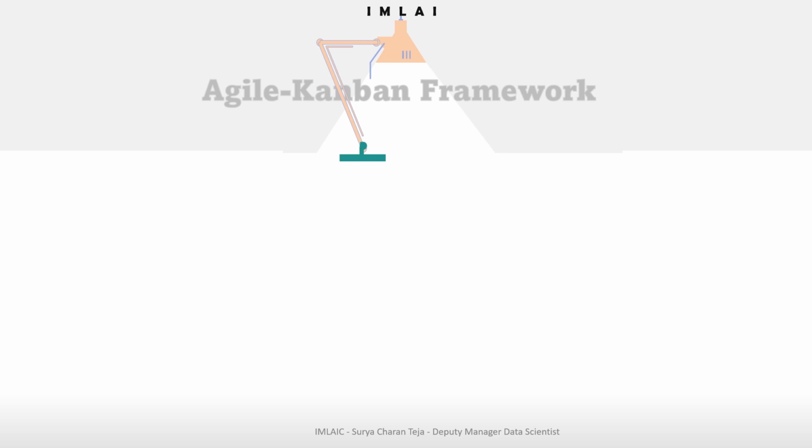So now we have a grasp on what is Kanban methodology and what is a Kanban board. Now let's look into the most important principles of Kanban. The most important thing to remember is that this Kanban framework was not made or discovered for the software development life cycle.